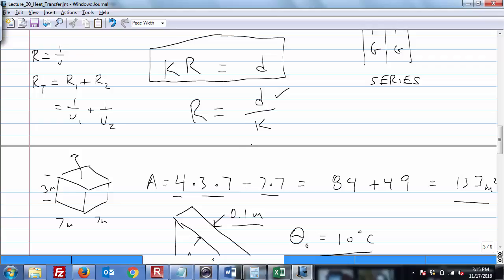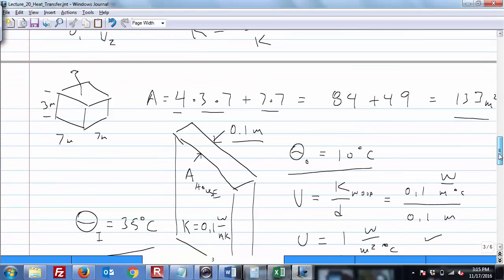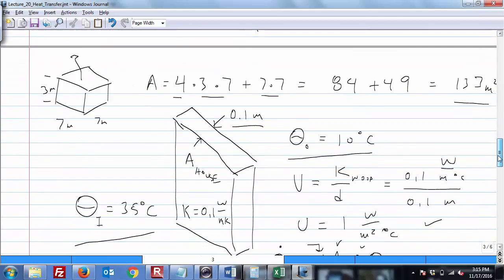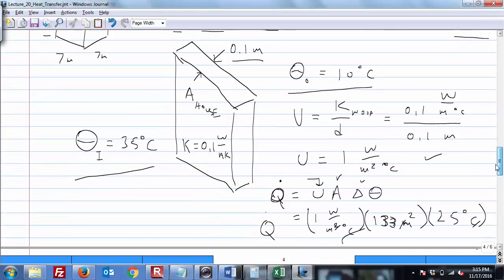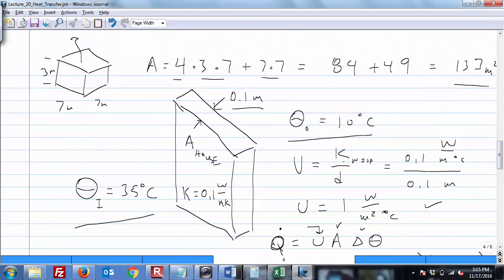And you'll see the same thing in electrical circuits. And this was just an example I did where I actually used the fact that the thermal conductance equals the thermal conductivity divided by the distance or the thickness.